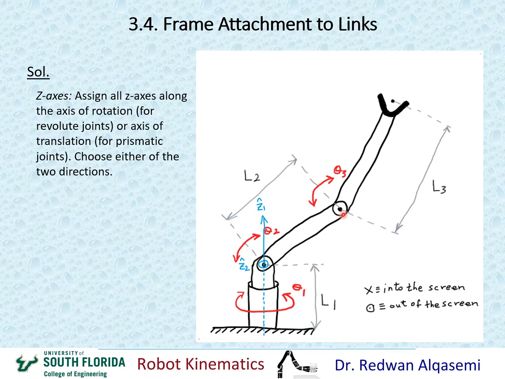And then going on to Z3, this is theta 3. So my axis of rotation again is this point right here. And I can put the arrowhead either into the screen or out of the screen. Now, if I put it into the screen, then I'm going to create a twist angle between Z2 and Z3, which will create another constant that I'll have to do calculations for.